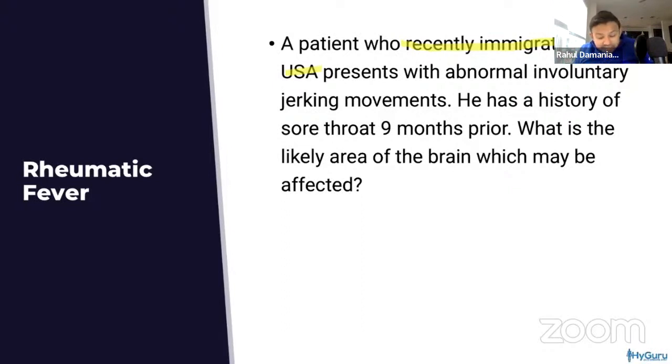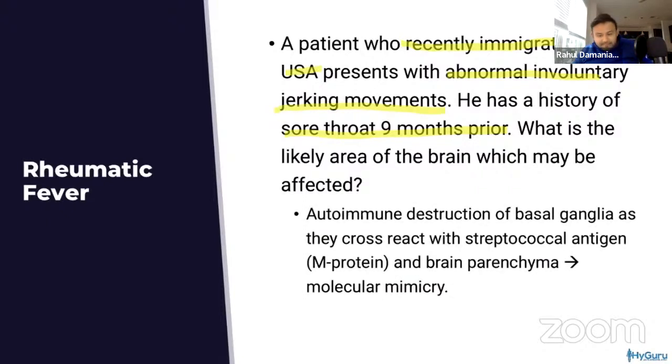They may even have this presentation in which they have an abnormal involuntary jerking movement. He's had a history of sore throats, i.e. recurrent strep infections. What is the likely area of the brain which may be affected here? This is an interesting one. And that is going to be your brain parenchyma and specifically the basal ganglia.